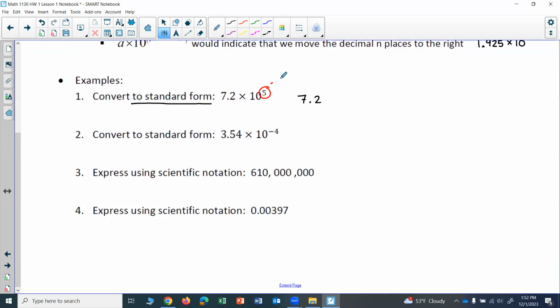A positive exponent correlates to a large number. So positive exponent on the 10 means that the result, or the standard form, will be a large number.